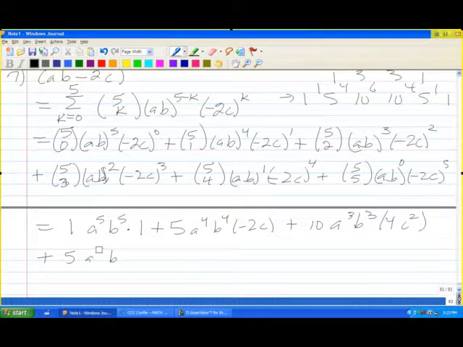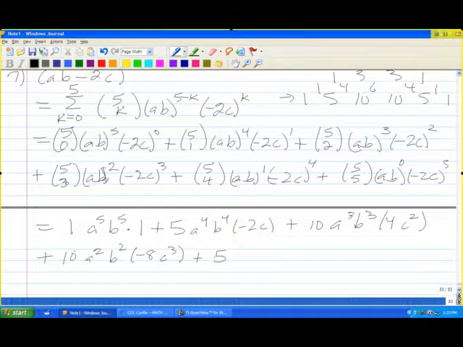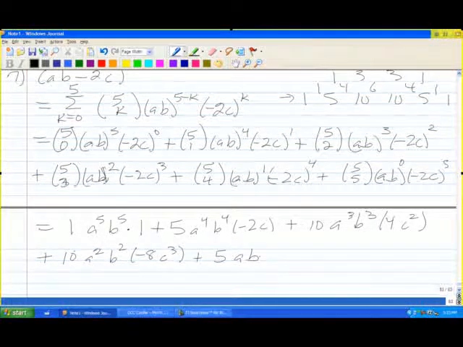Okay, so 3. That was correct. And then negative 2 cubed is negative 8C cubed. And that's a 5. Oh, that's 3. 0, 1, 2, 3. That's a 10. Plus the fourth one is 5, AB to the first, so AB.